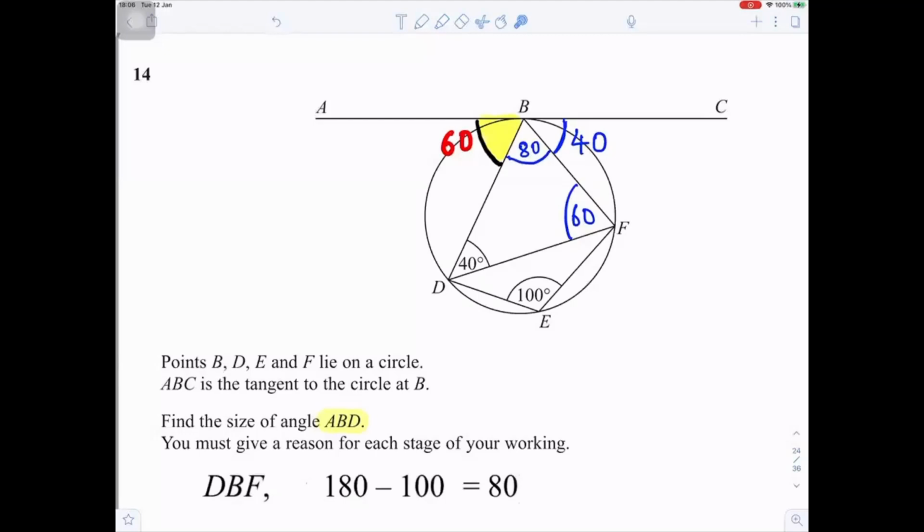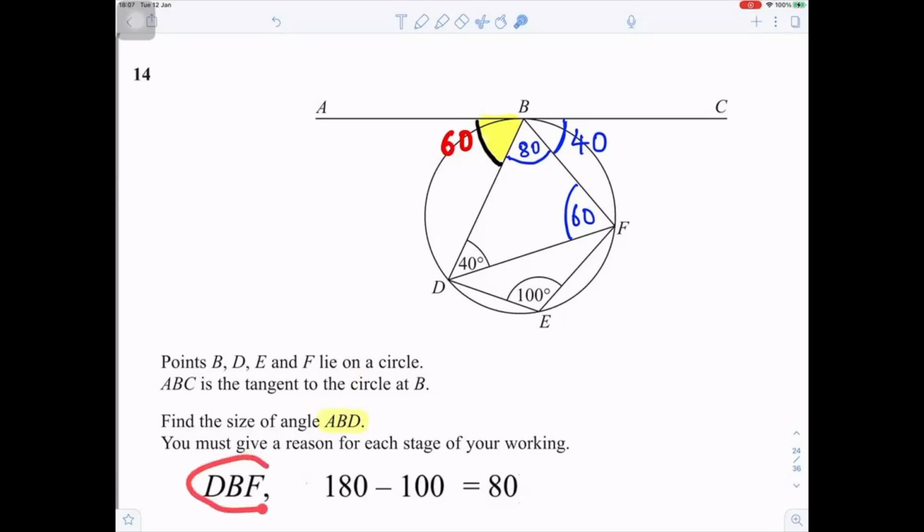Question number 14. Points B, D, E, and F lie on a circle. ABC is the tangent to the circle at B. Find the size of angle ABD. You must give a reason for each stage of your working. I have colored the angle ABD in yellow so we can see the angle we want.